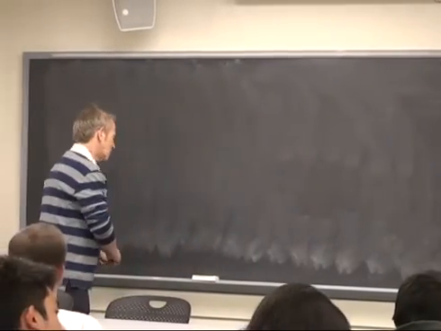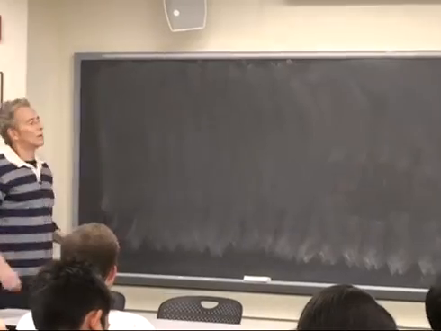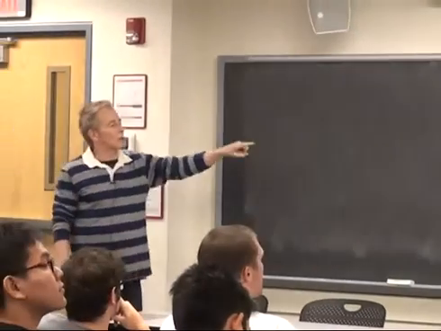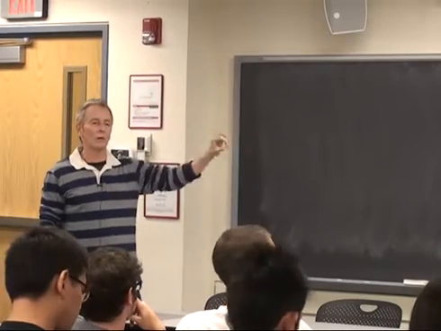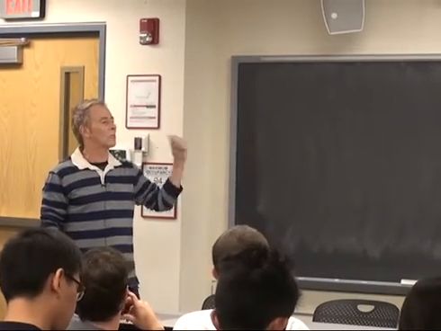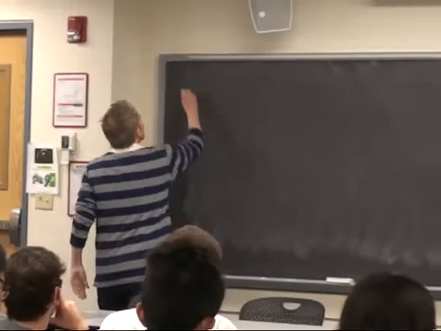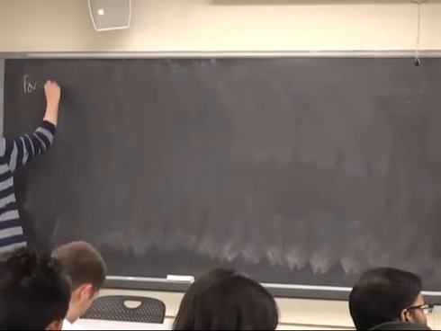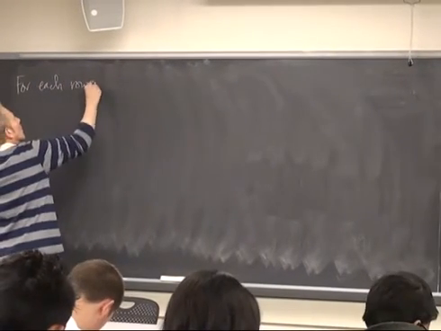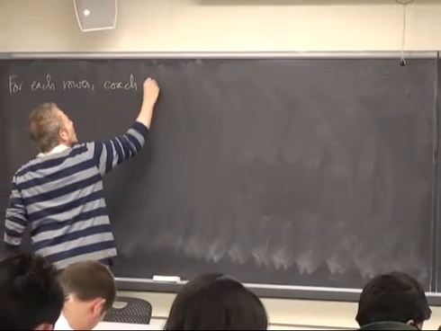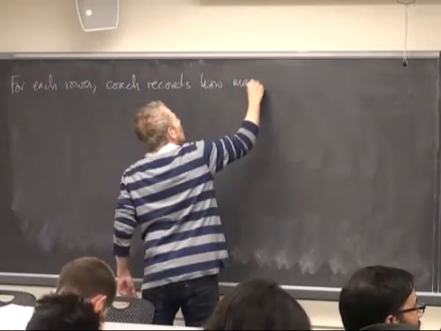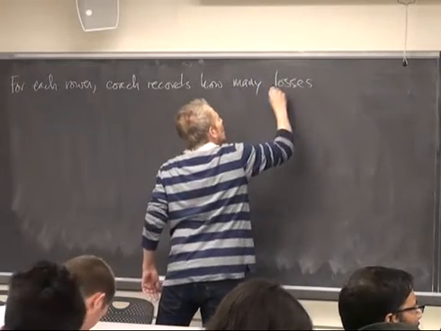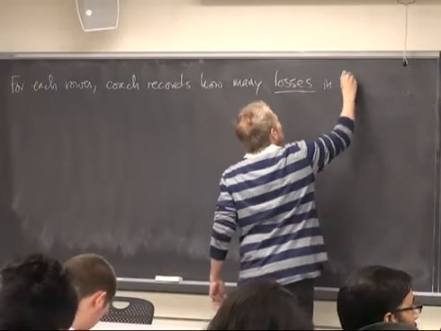But anyway, what the coach does is for each rower, the coach records how many wins, how many losses. And since the coach is looking to cut rowers, I'm just going to think of the coach as recording losses. So for each rower, the coach records how many losses in these races.